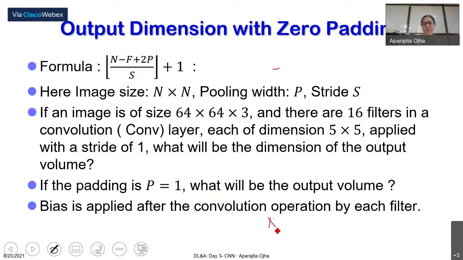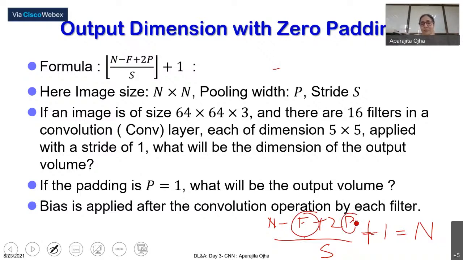What we can do is write n minus f plus 2p, divided by s, plus 1, should be the same as n. In this way, you can determine the value of p. F is the filter, n is the size of the dimension, p is the padding. So what padding should I apply so that the output and the input image dimension remain the same?